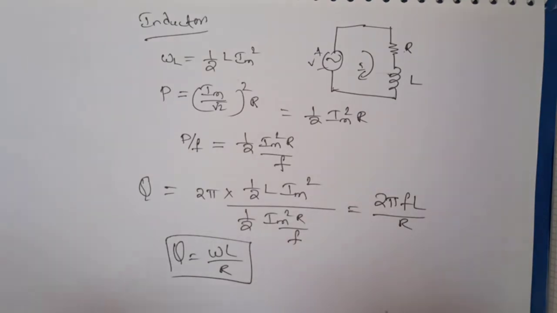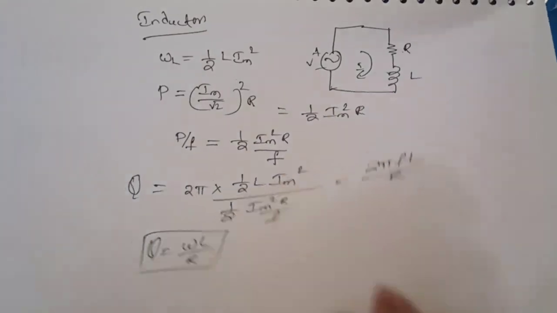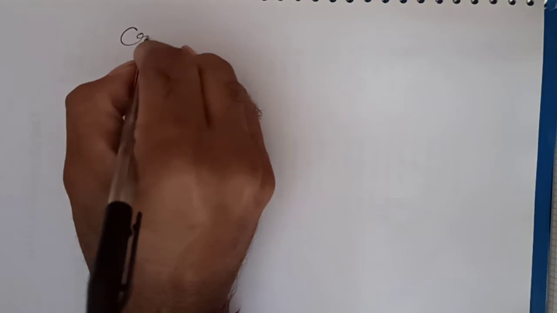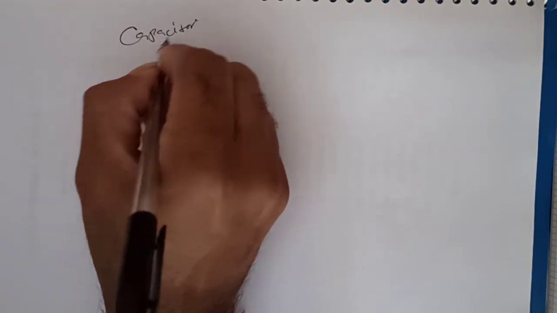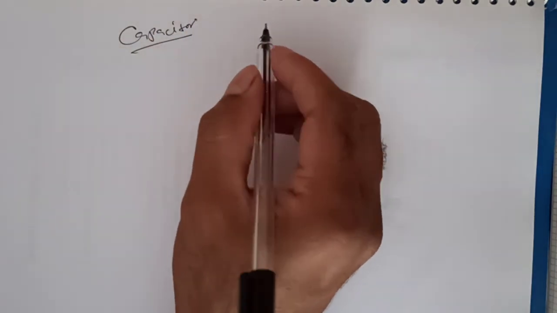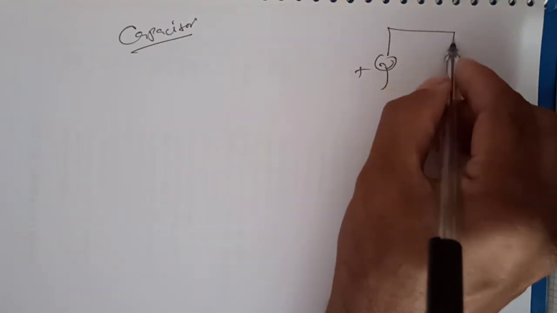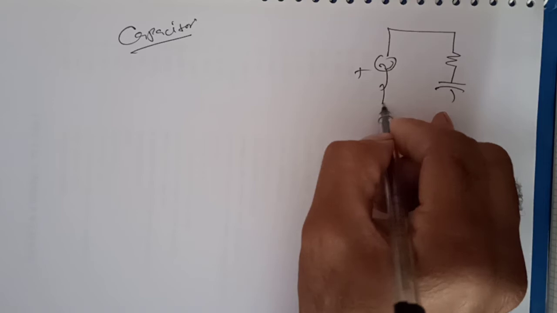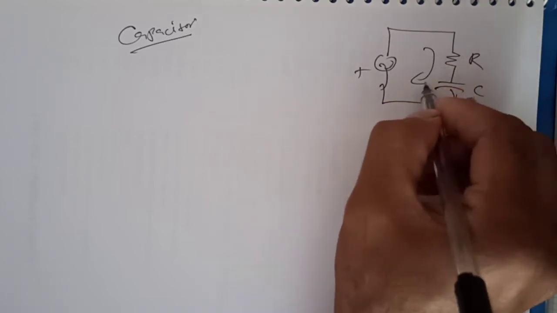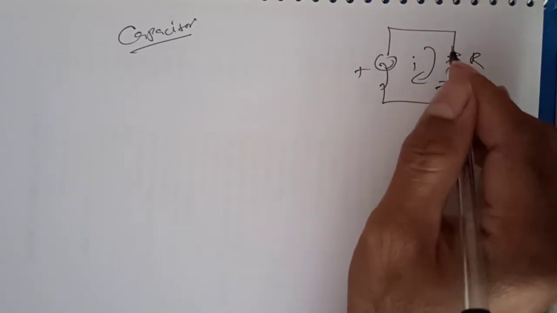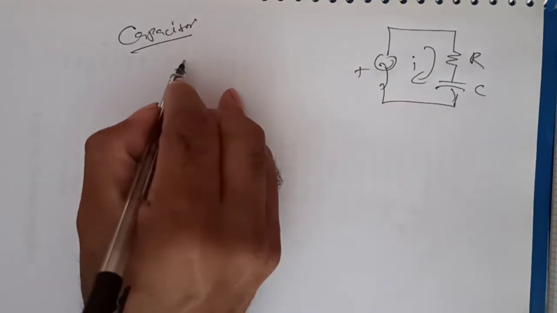The quality factor of the series inductor circuit is omega L by R. Now let us consider the quality factor of the capacitor, another energy storage element. Consider the same sinusoidal voltage V applied to the capacitor with a series leakage resistance R, and current I passing through the circuit. What is the maximum energy stored by the capacitor?